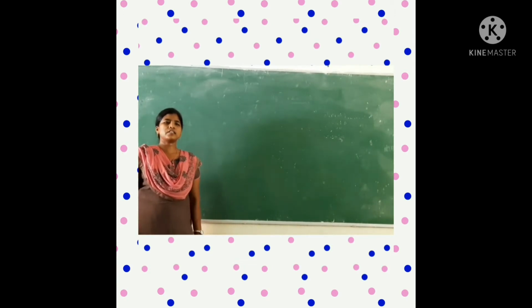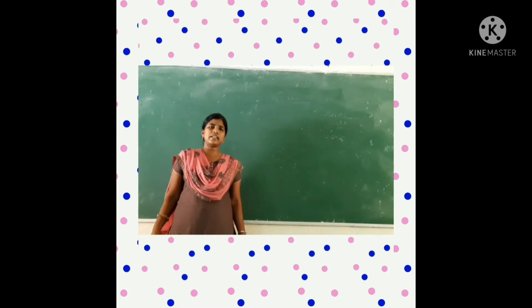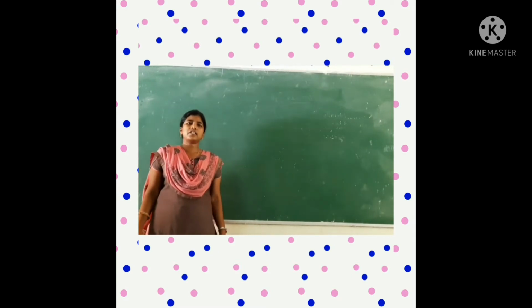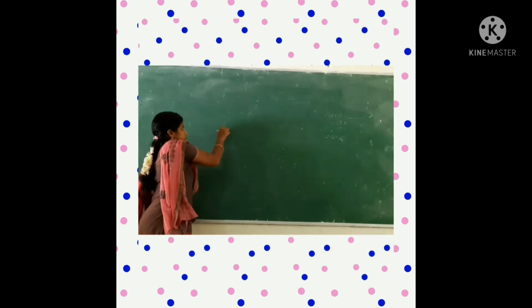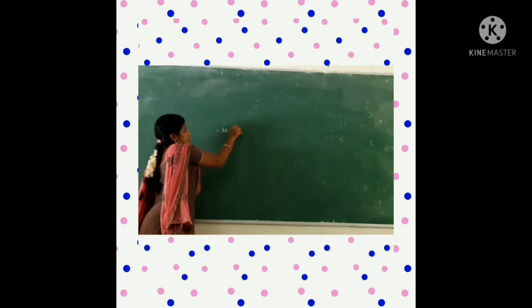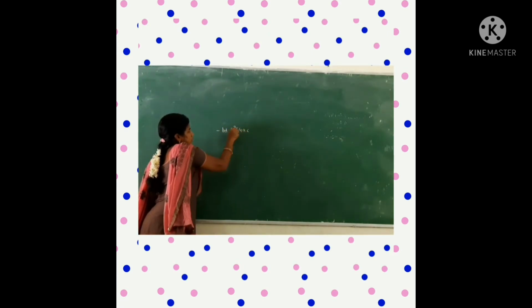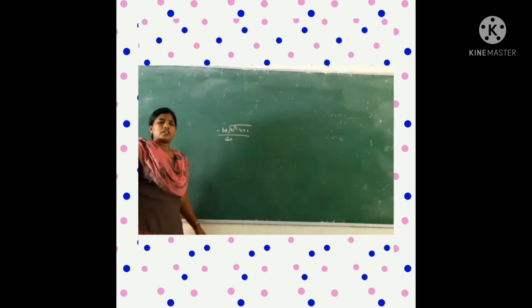What is the general form of a quadratic equation? ax square plus bx plus c is equal to 0, and a not equal to 0. The roots of the equation are minus b plus or minus root of b square minus 4ac, by 2a.